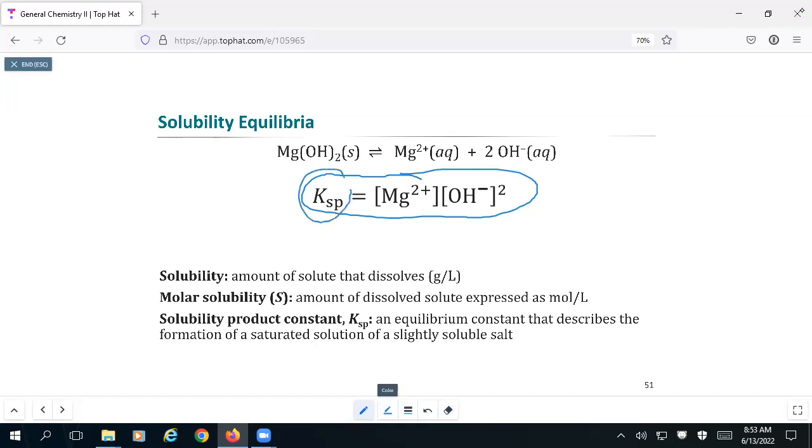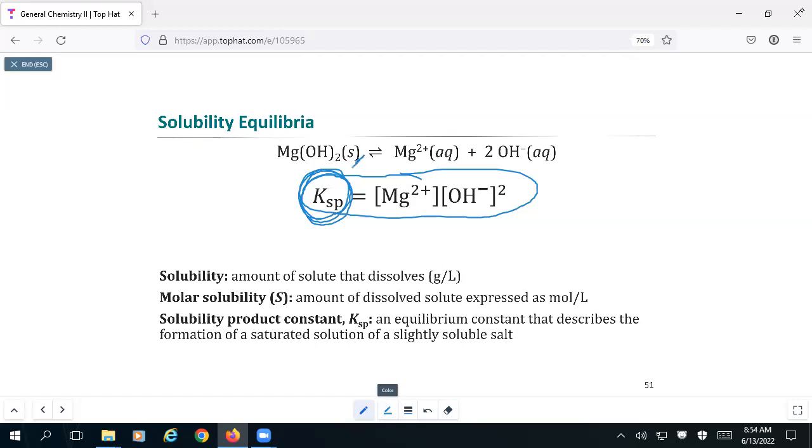This term here, Ksp, don't get bogged down in the fact that we've got another subscript here. It's a capital K. It's an equilibrium constant. As an equilibrium constant, it is held to the same rules as every other equilibrium constant. It's products over reactants. The main difference here is that this is a heterogeneous equilibrium.